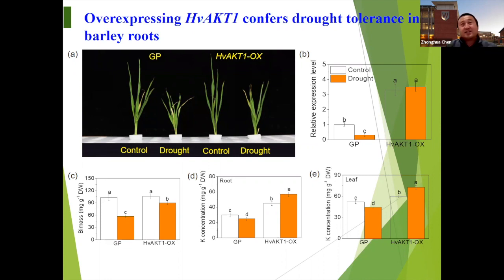The reality is the improvement isn't that great, but still statistically significant. But you can see overexpressing HvAKT1 significantly increased the biomass under drought condition.